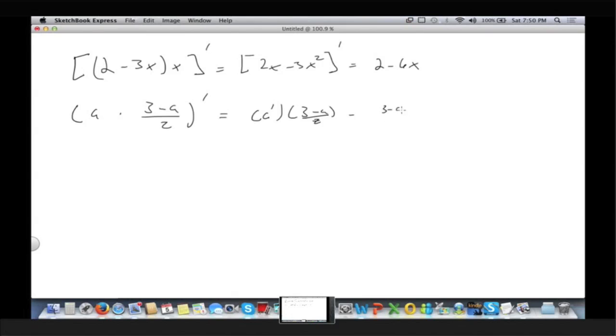By the way, that was supposed to be a 2, not a z. If it's a z, I would put that little cross in it.